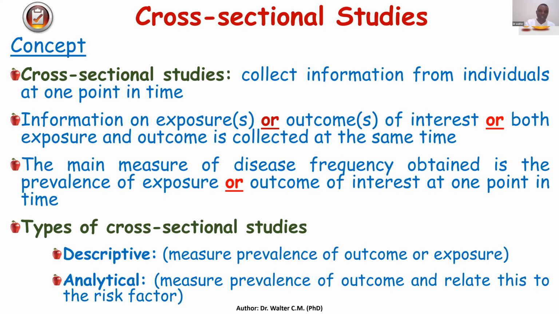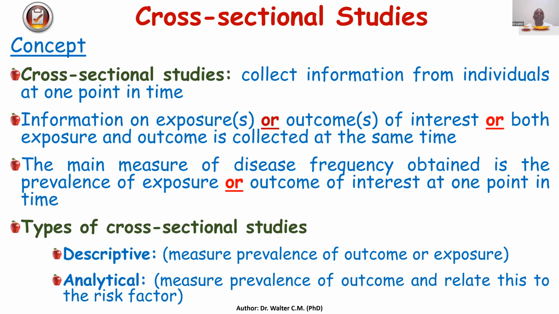So you can study exposure, or you can study outcome only, but also you can study both. You go there, you study exposure, and you study outcome. If you study both, that is where you go to analytical cross-section. But if you only study exposure, it's descriptive. If you study only outcome, it's descriptive cross-section.